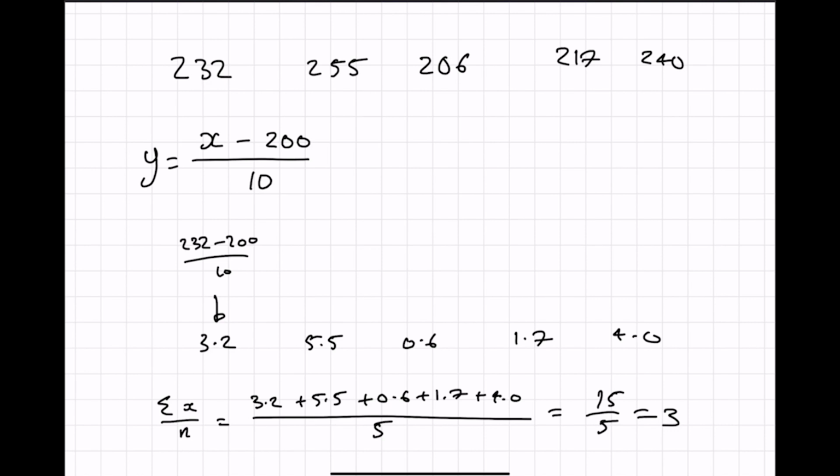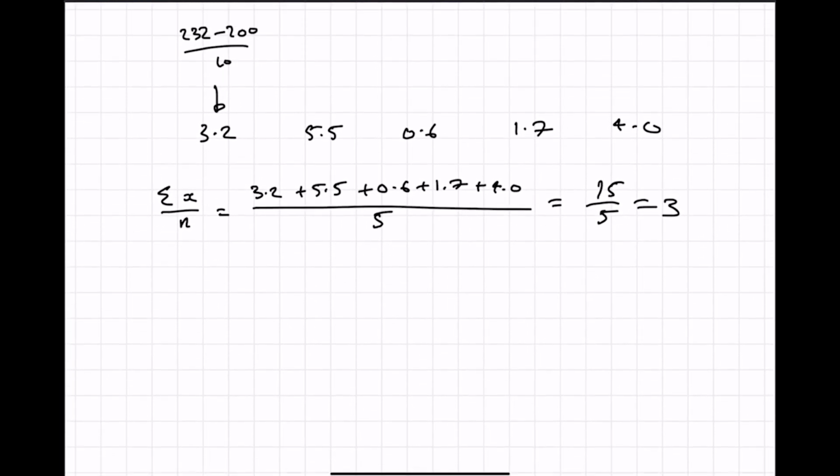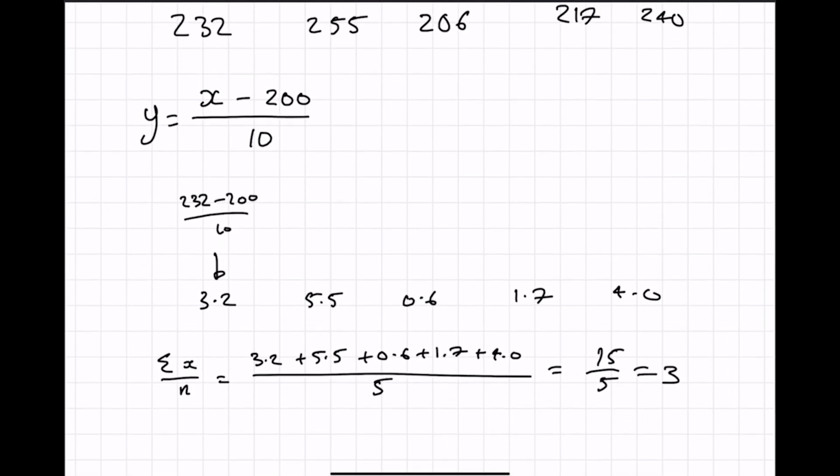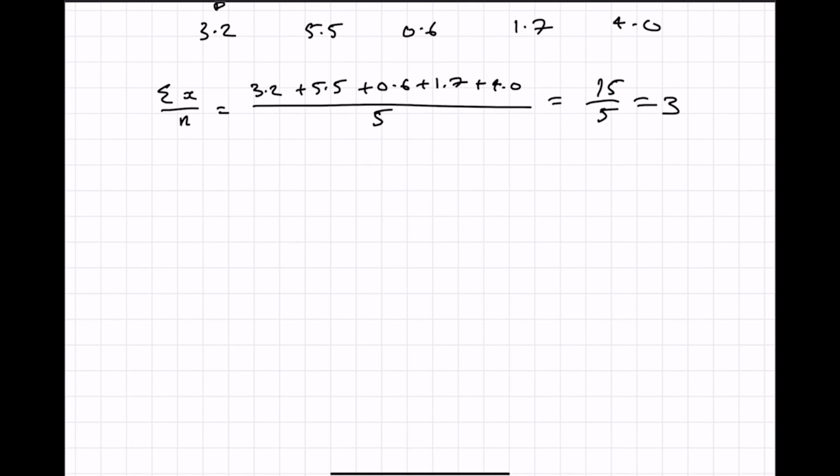Now, can we find out what our coded standard deviation is? That's what the question wants us to know. For that, we always start by finding the variance of the data. So how do we find the variance? Same thing as before.